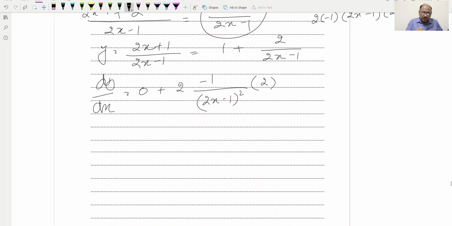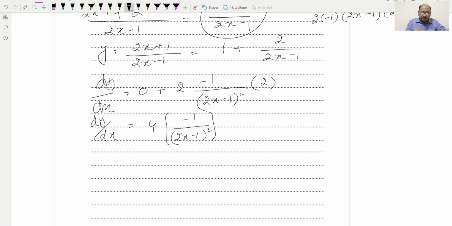Hopefully you understood this. Now we can rewrite it as 2 into 2 will be 4, so it will be 4 inside will be minus 1 over 2x minus 1 squared, and this will be our dy by dx.